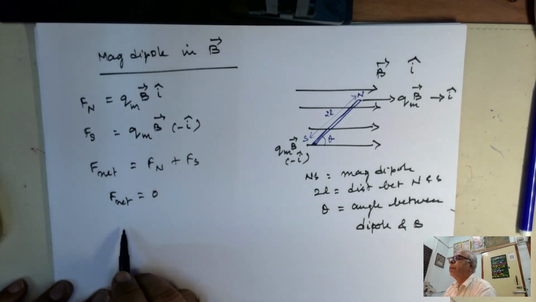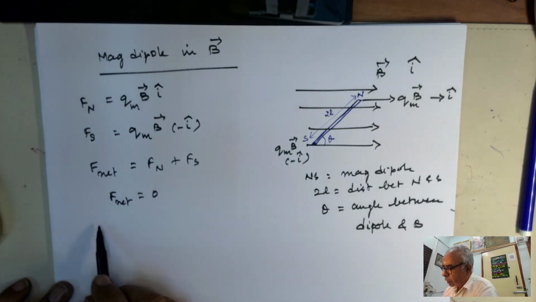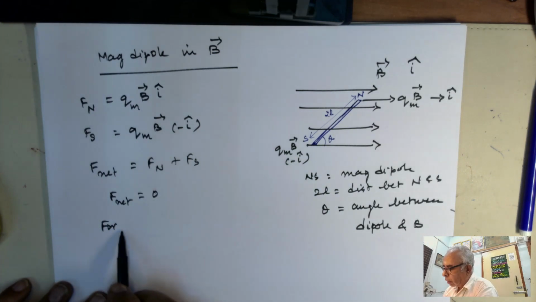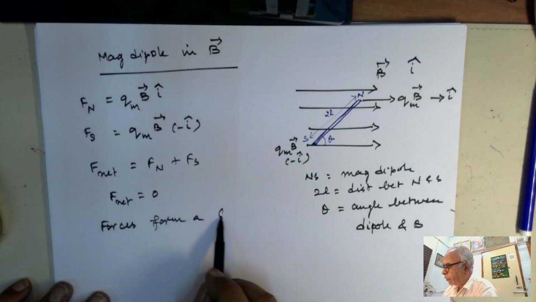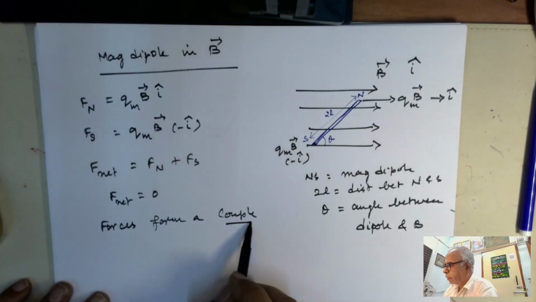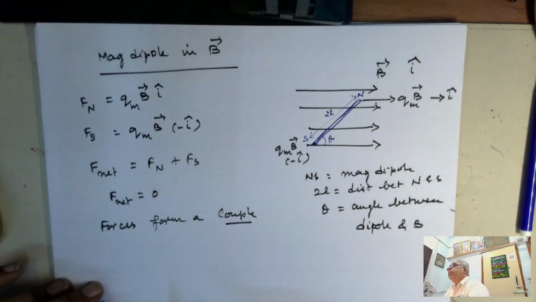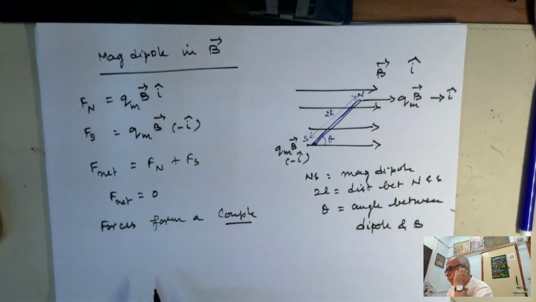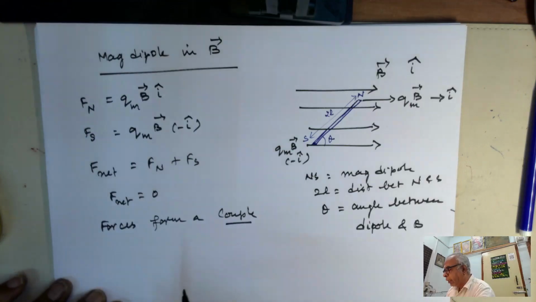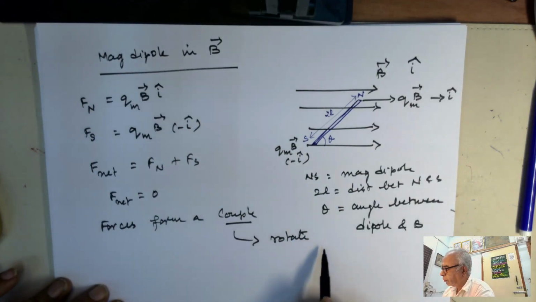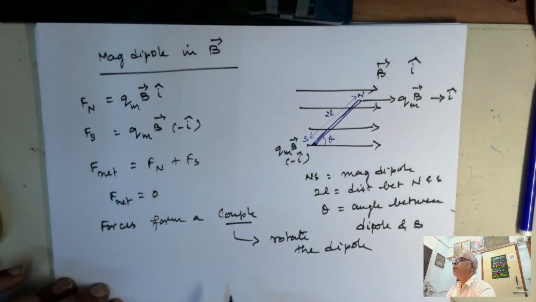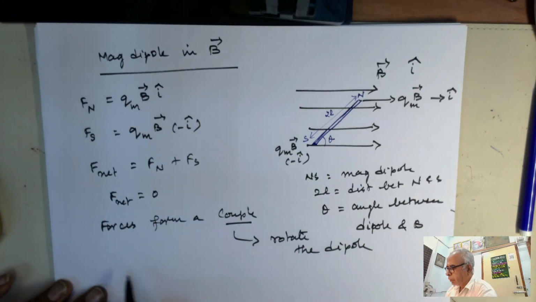Hence, these forces form a couple, which will rotate the dipole. So that results in the torque, the twisting force.